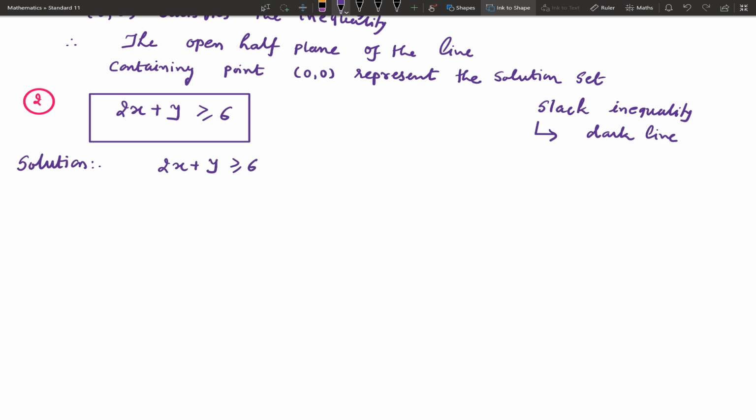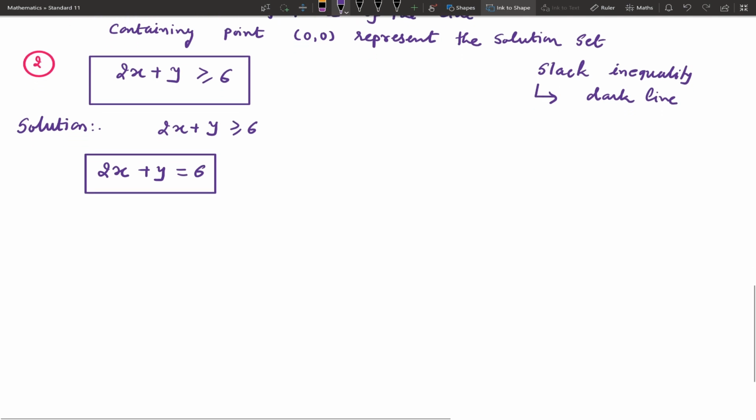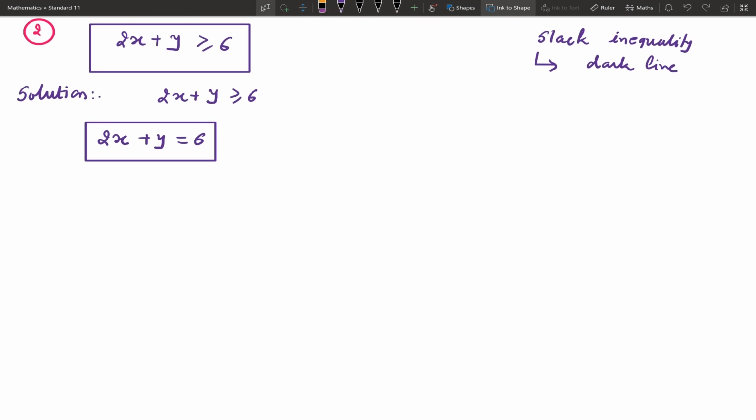step 1, we have to remove the inequality and take equality. So the equality will be 2x plus y equal to 6. Now this is a linear equation in two variables, so it will represent a straight line. For simplicity, you have to select two distinct points of the line.